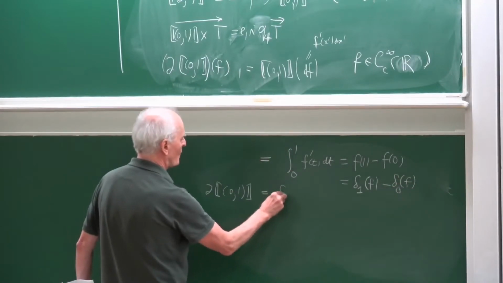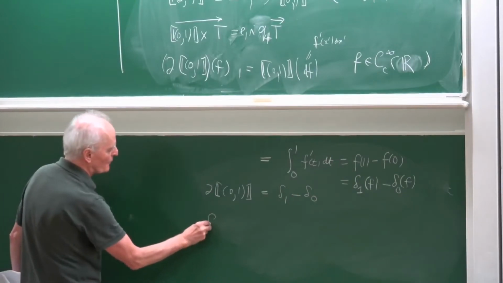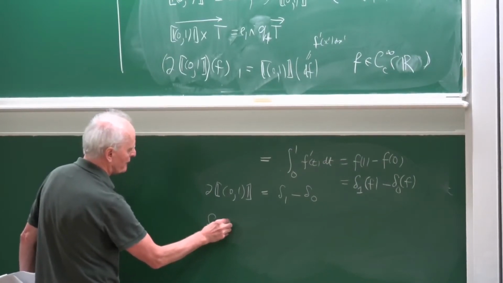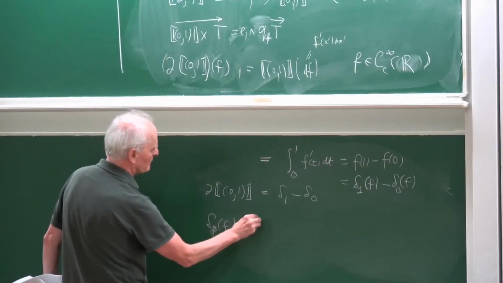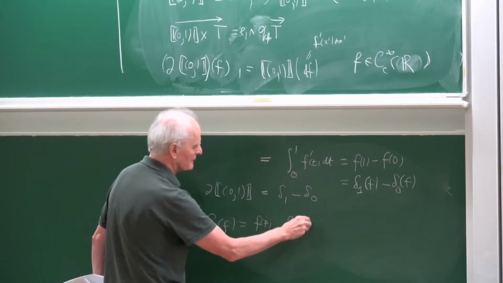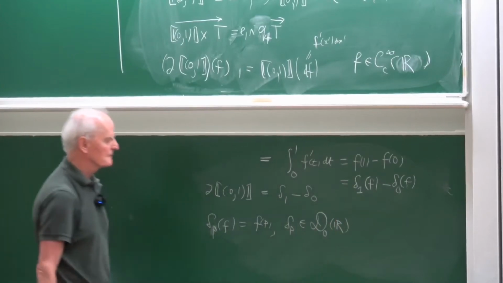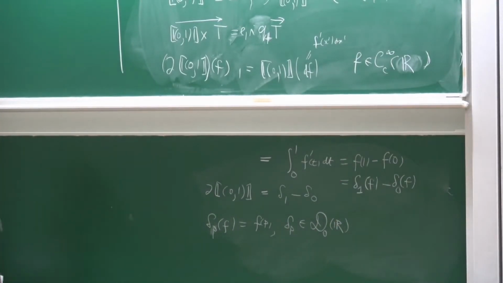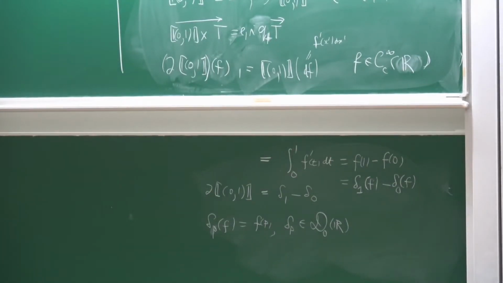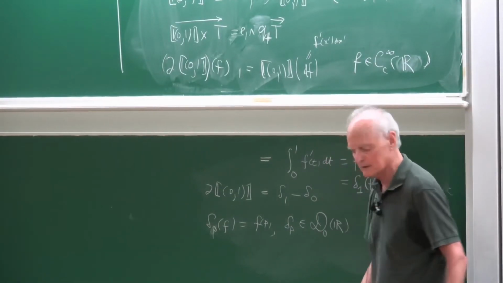So this is delta 1 minus delta 0, where delta p is the 0 current. Delta p of f is just equal to f of p. Notice that delta p is indeed a current, a 0 current on R. It satisfies the definition of 0 currents on R. Certainly it's got compact support. It's continuous on the space D, the C infinity functions with compact support.